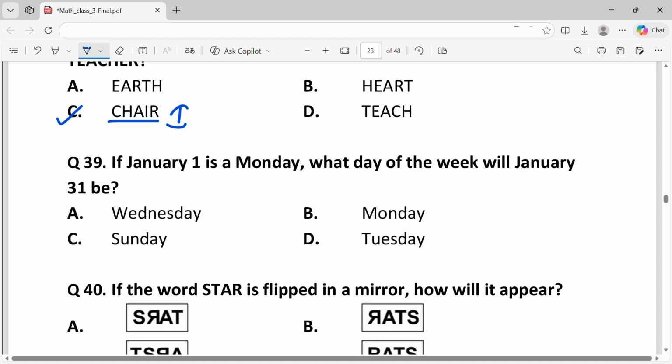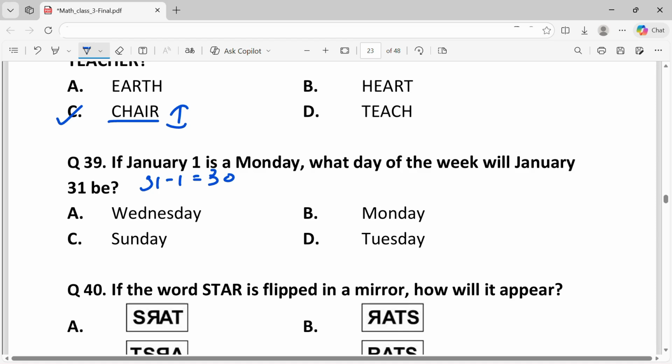Question 39. If January 1 is a Monday, what day of the week will January 31 be? Calculating the number of days between two dates will be 31 minus 1, which is equal to 30 days.